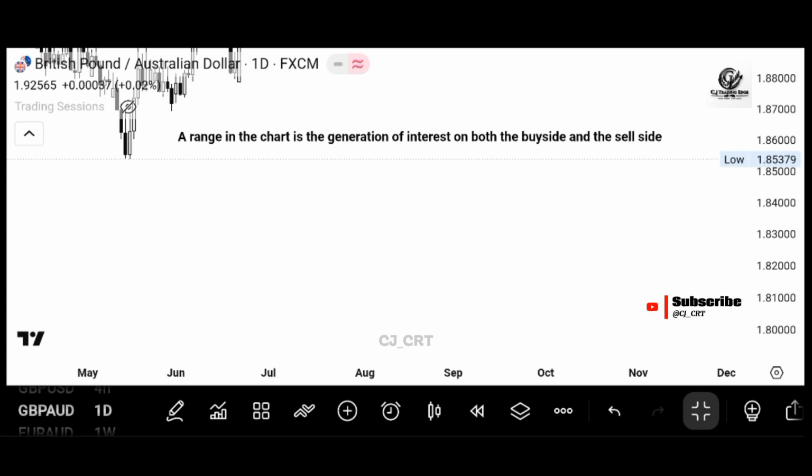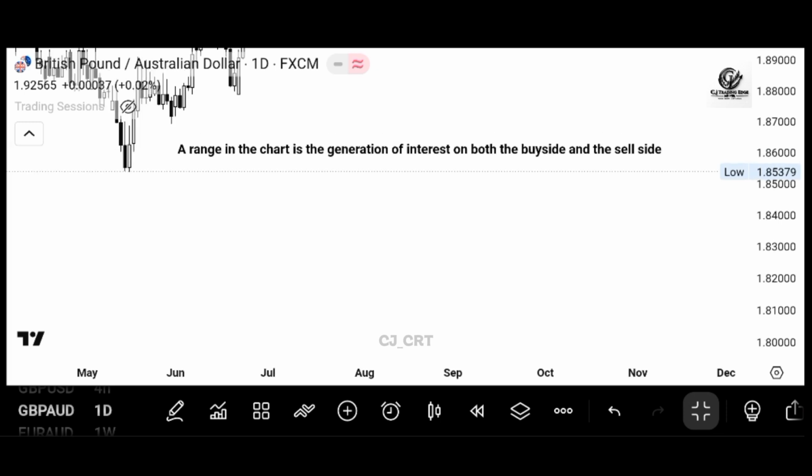A range in the chart is the generation of interest on both the buy side and the sell side, which means breakout traders are looking to buy the breakouts and breakdown traders are looking to sell the breakdowns, which is wrong.